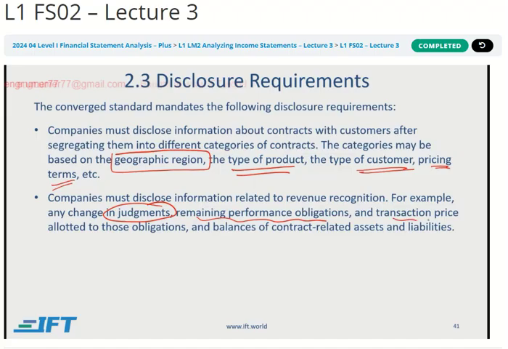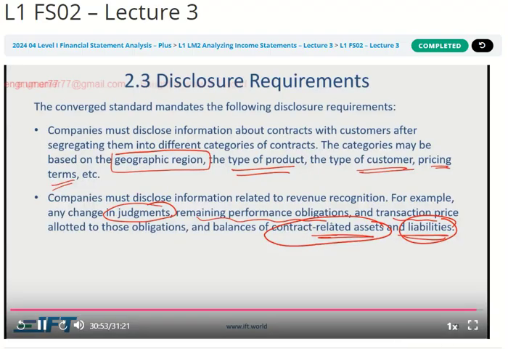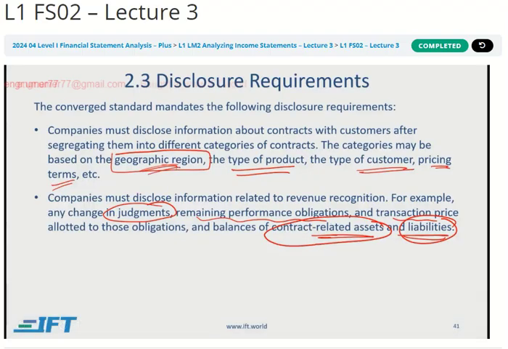What are the transaction prices for each of those performance obligations, right? And then you can look at the unearned revenue in terms of the liabilities, the accounts receivable in terms of the assets, and get an understanding of whether they are doing aggressive accounting, aggressive revenue recognition, what the different sources of revenue are, what economic expectations you have of the different countries in which they operate, and how you feel the projections will be.